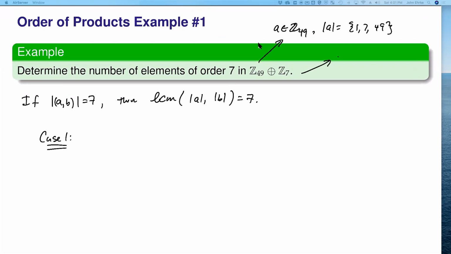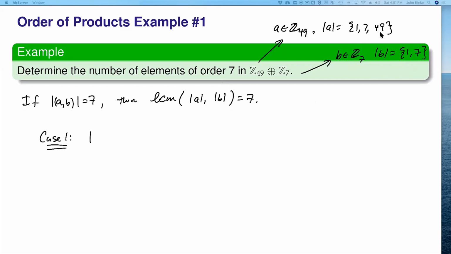Similarly, if B is an element of Z7, then the order of B is either 1 or 7. So what we're looking for here are combinations of elements whose order would be 7.